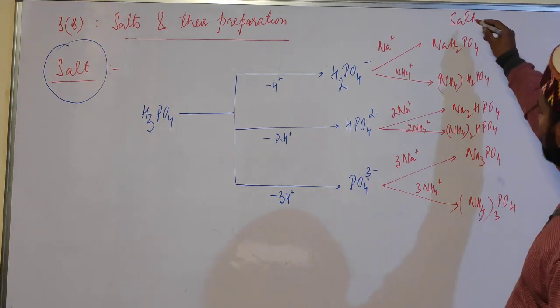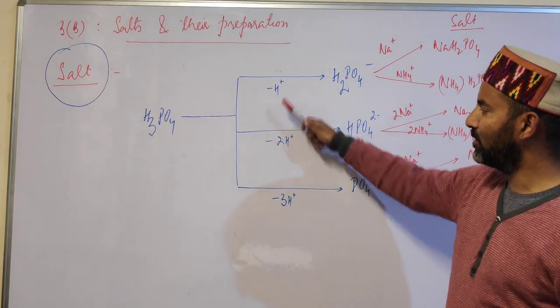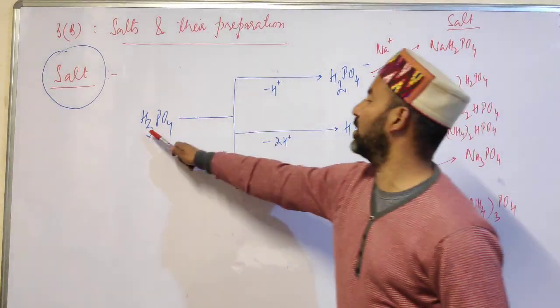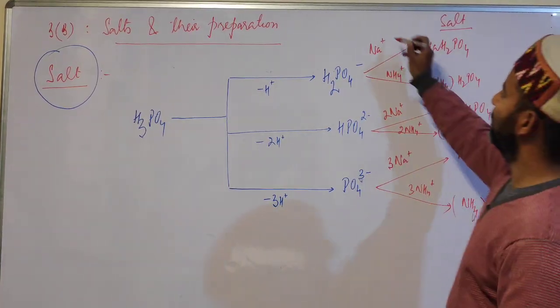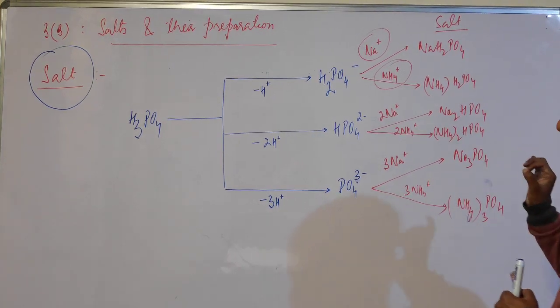So these are all salts, and how are they formed? They are formed by partial or complete replacement of ionizable hydrogens of an acid by a metallic ion or ammonium ion. So students, this was our definition 1.